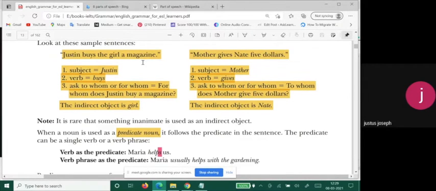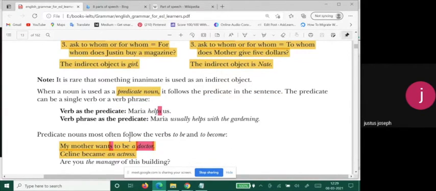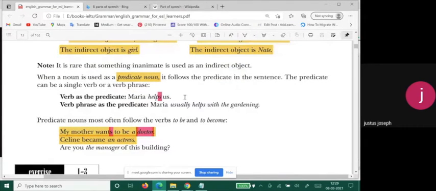Now sometimes you see sentences like this: Maria helps us. What is us?